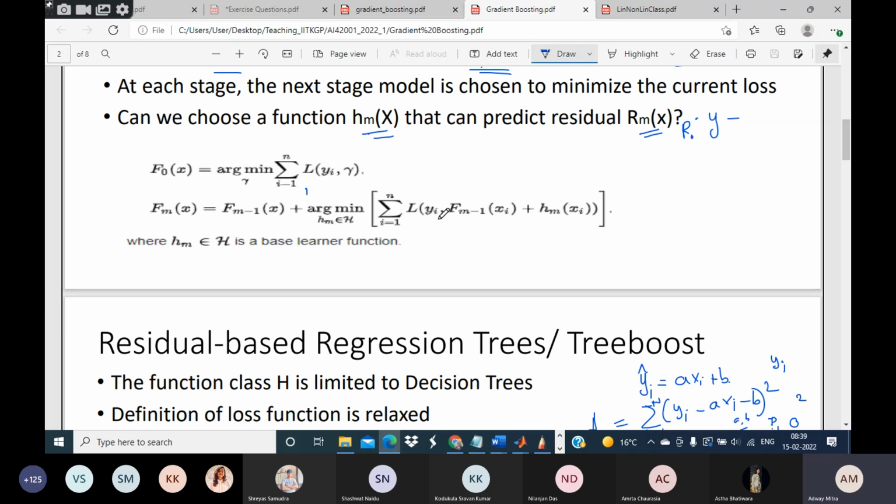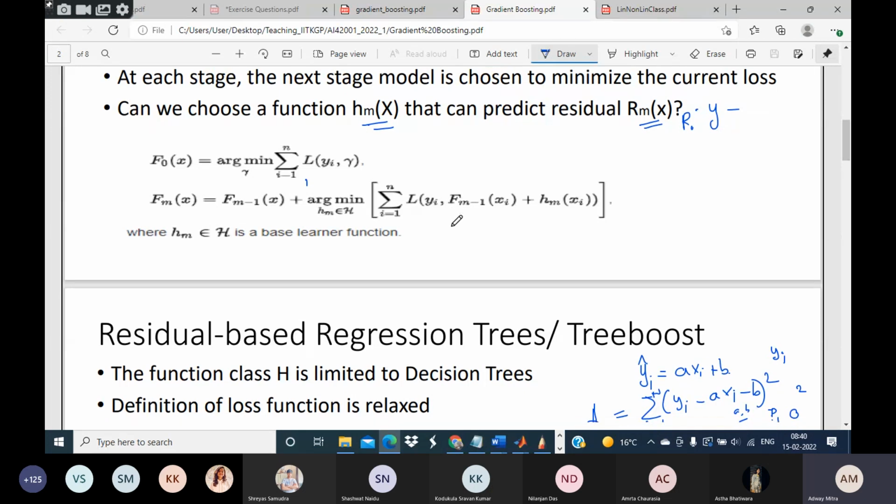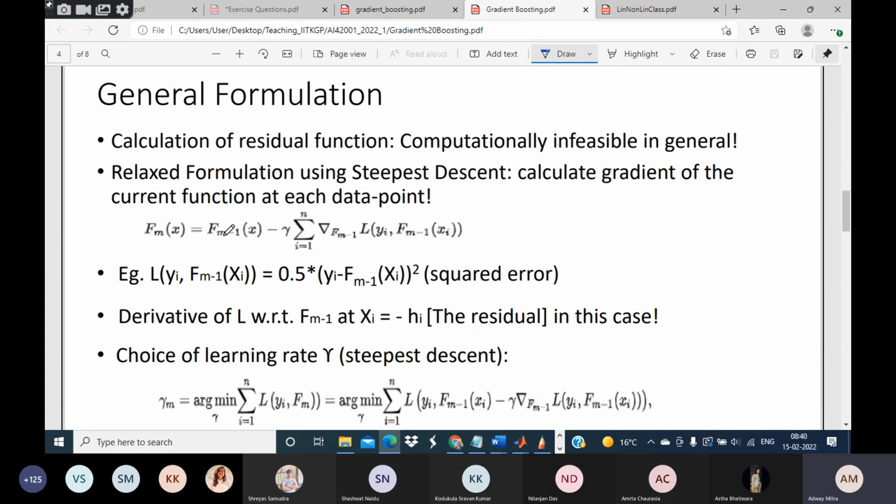Here we are trying to find a function from a function class for whom this kind of a relation holds. This might be easy for some loss functions, but for a general loss function it is not easy. So when it is not easy, as one student was suggesting, we think of the Taylor series expansion. So what we do is we write it in the following way.